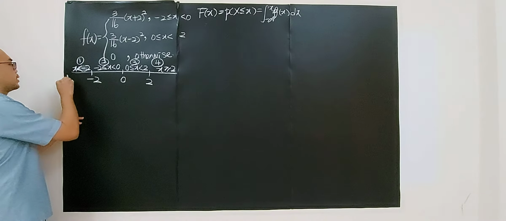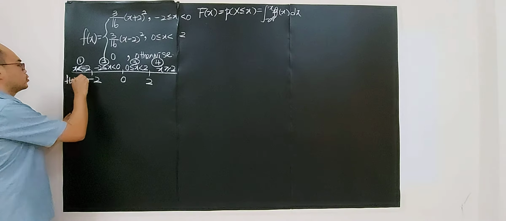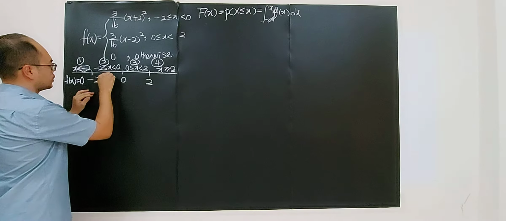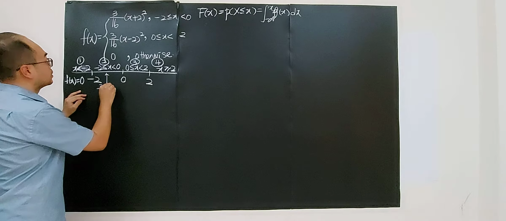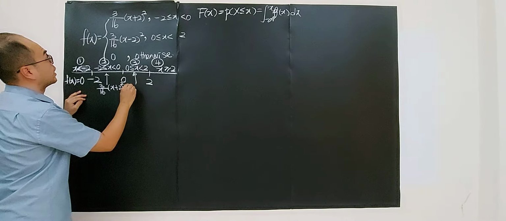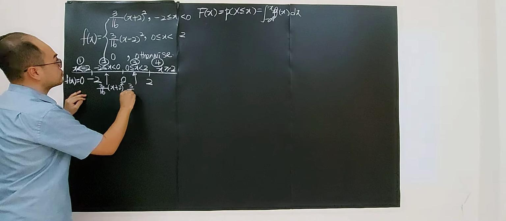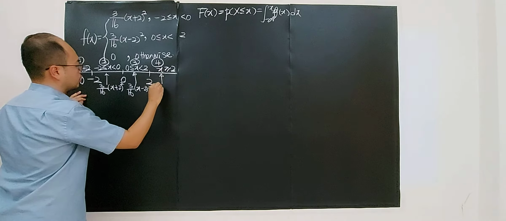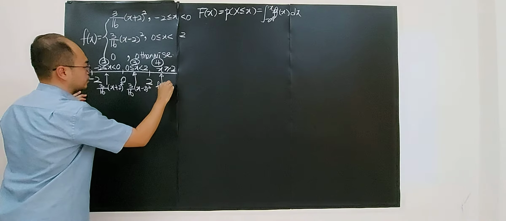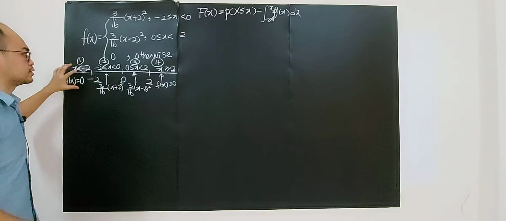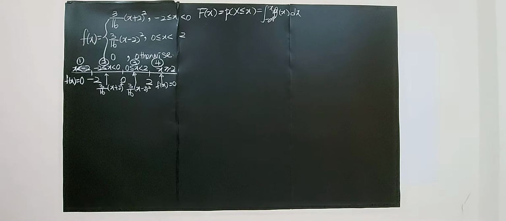So for here it is 0, and for this one you will have 3/16 (x plus 2) to the power of 2. And for this one, we have 3/16 (x minus 2) to the power of 2. And for this, your f(x) will be 0. All this is your f(x). So identify all this first. It's for guidance.